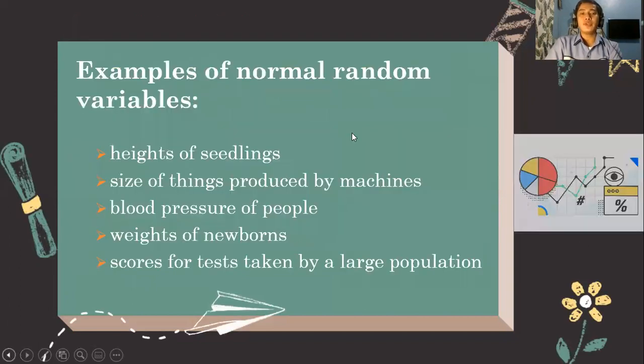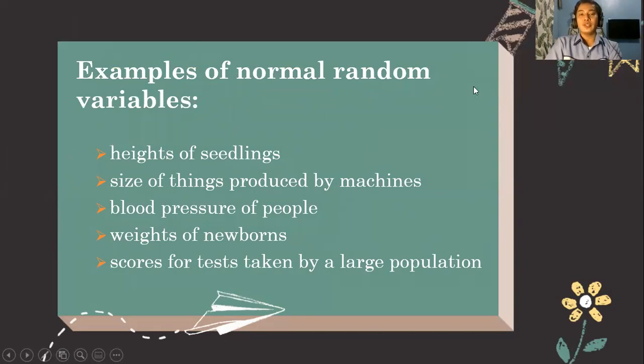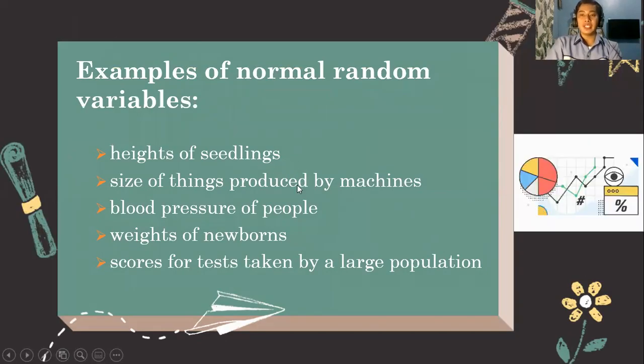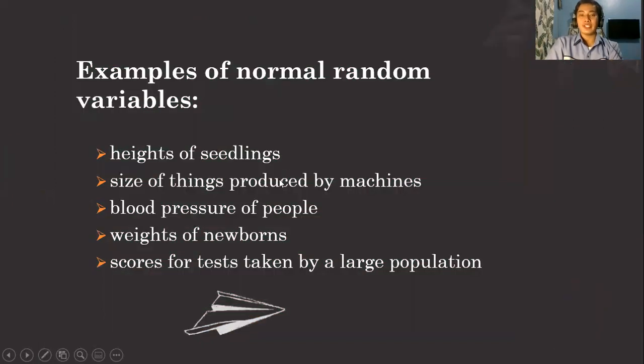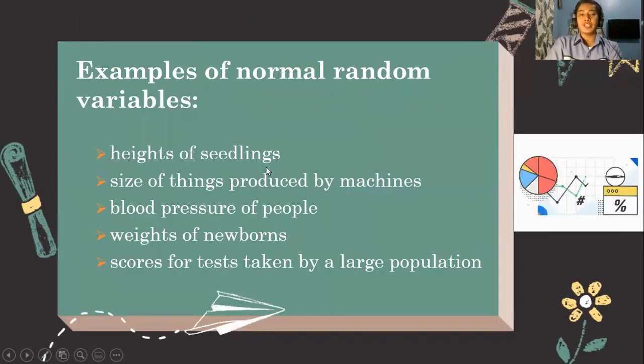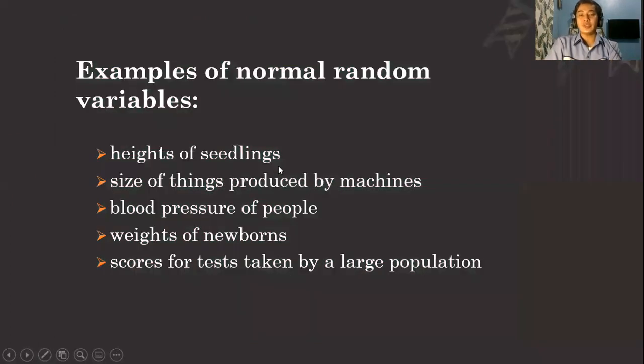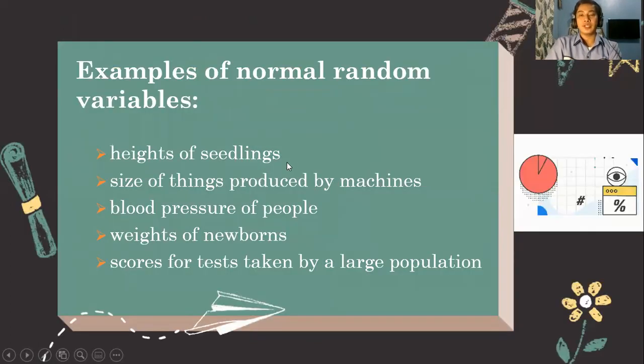So examples of normal random variables are the heights of seedlings. When you spread mango seeds, you would notice that there are many seeds which have the same or average height, a few seeds will not grow, and a few seeds will also grow tall compared to the other seedlings.